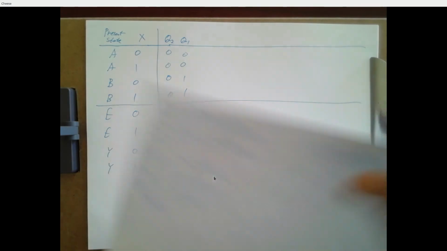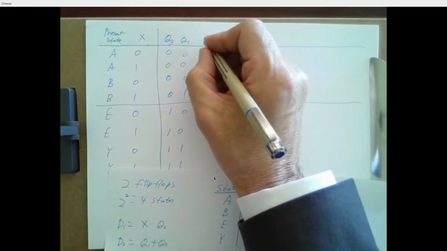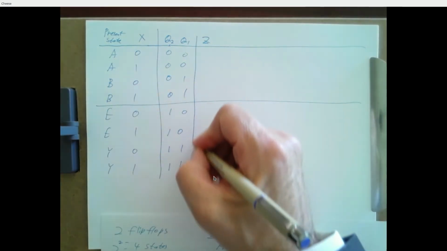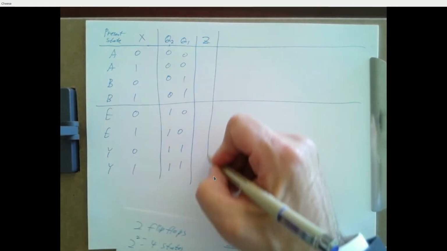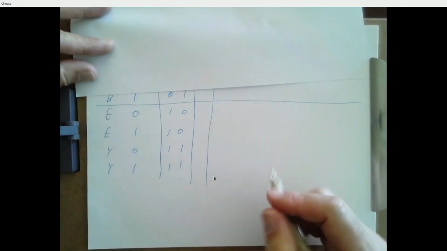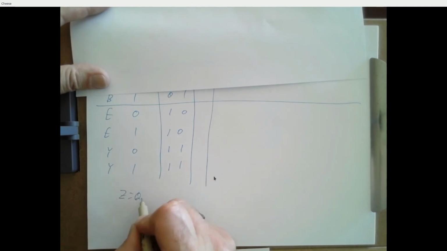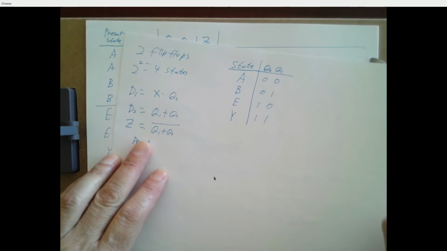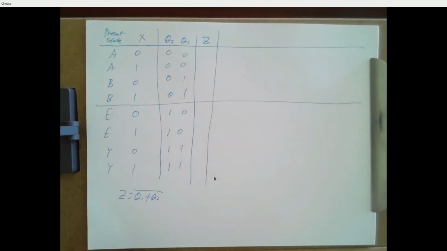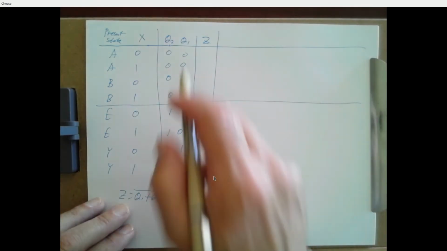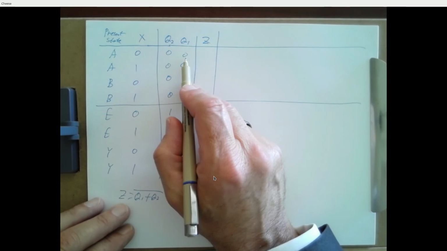And then list the corresponding output values. So we have a single output Z. And remember, Z is equal to the NOR of Q1 with Q2, right? We found that already. So OR these and complement.